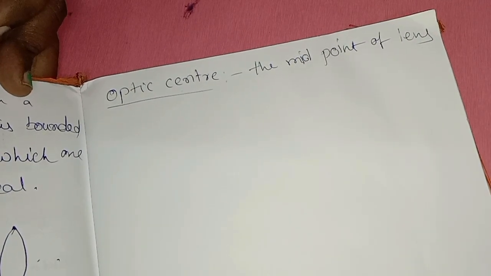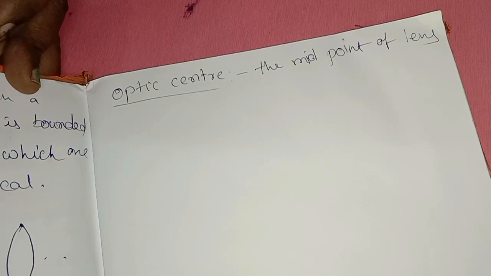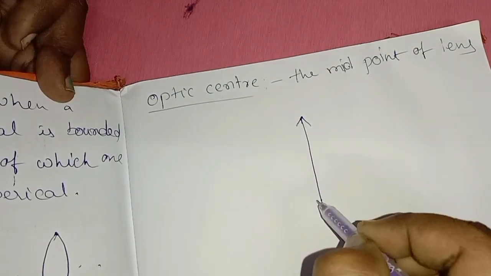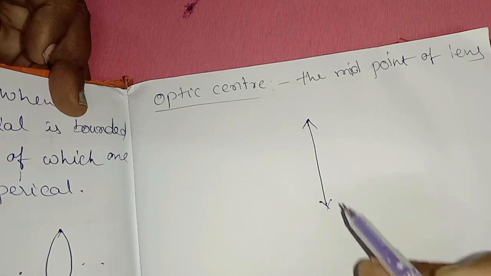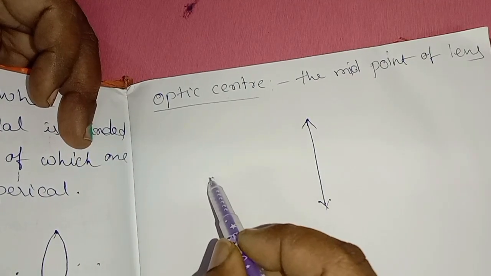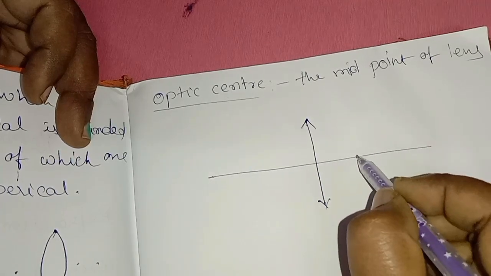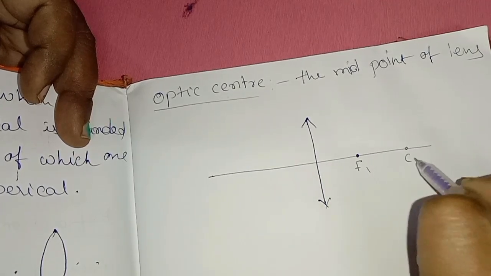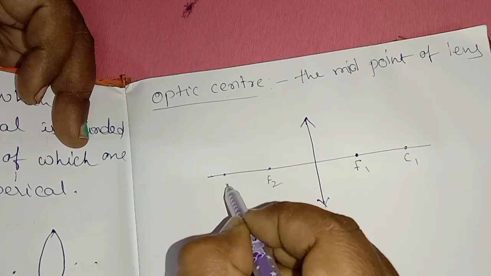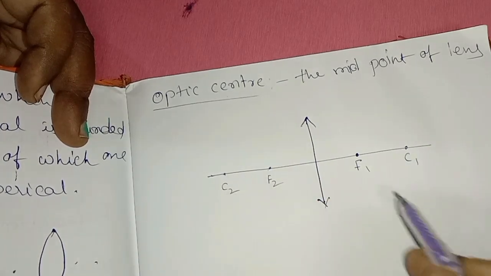First we will draw our ray diagrams. We are drawing ray diagrams for convex lens only. So use this symbol to represent your convex lens, right? On the right side you take F1, C1 and F2, C2 on the left side. Why do we have two, F1, C1?